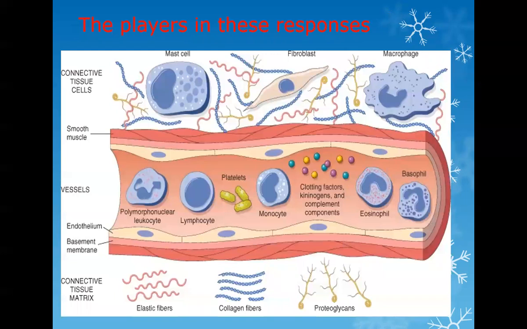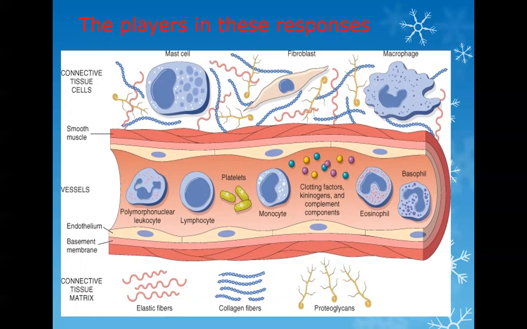So this is a picture which shows different things taking part. For example, in the blood vessel, we have neutrophil, lymphocyte, monocyte, eosinophil, basophil. These are the cells which are present inside. Then we have platelets and then proteins. Then we have endothelial cells, basement membrane, and then smooth muscle.